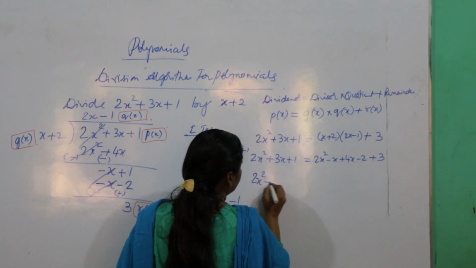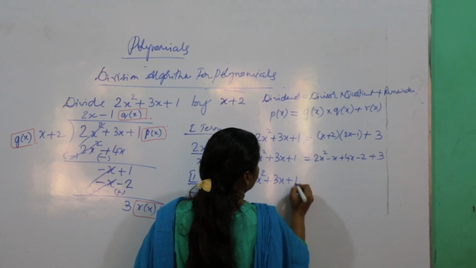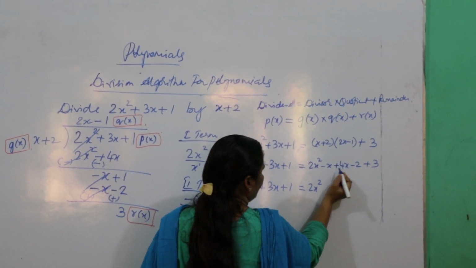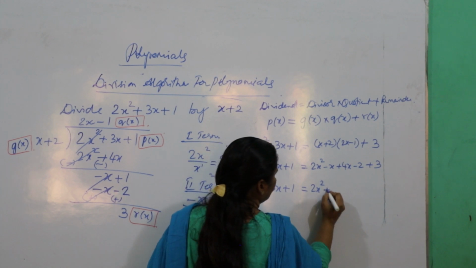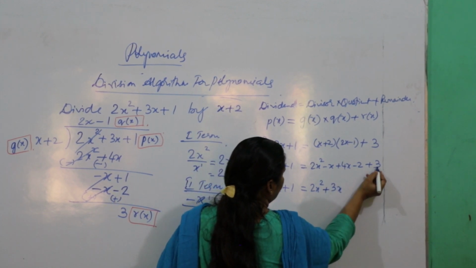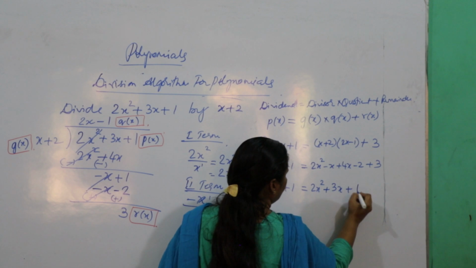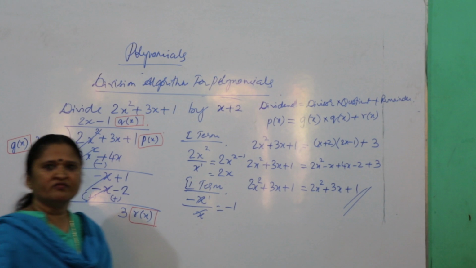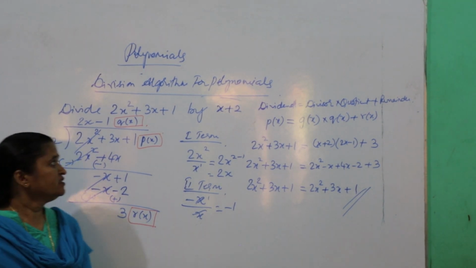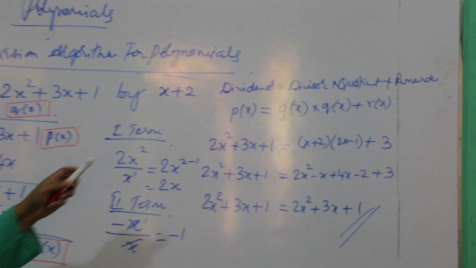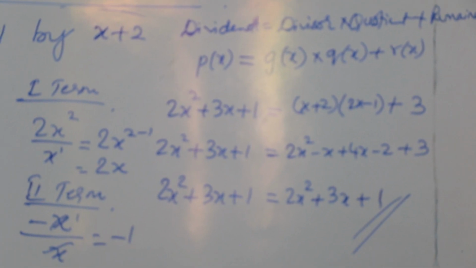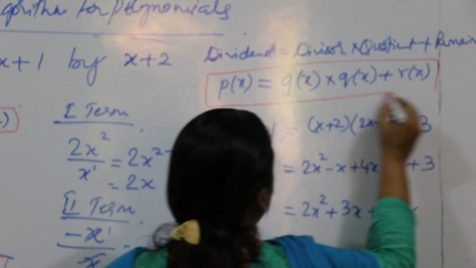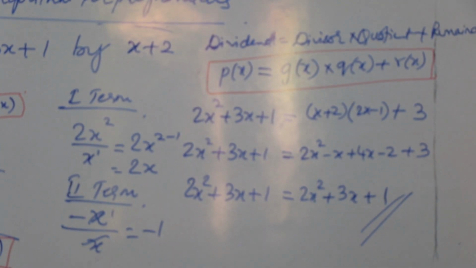We'll go on writing this LHS in every step. 2x square plus 4x minus 3x plus 3x plus 3 minus 2 plus 1. Thus, we verified using the division algorithm for polynomial. This is the division algorithm for polynomial.